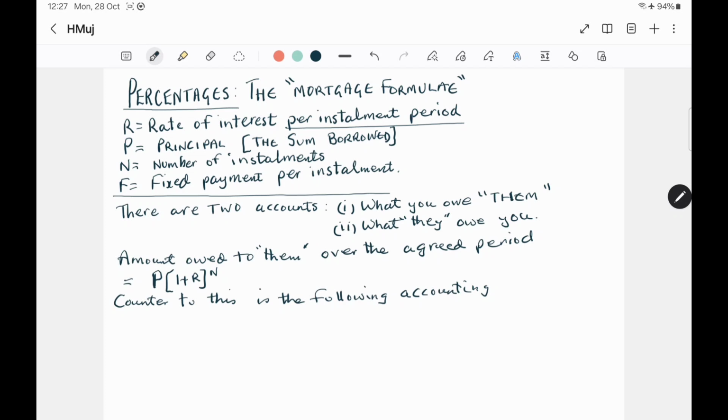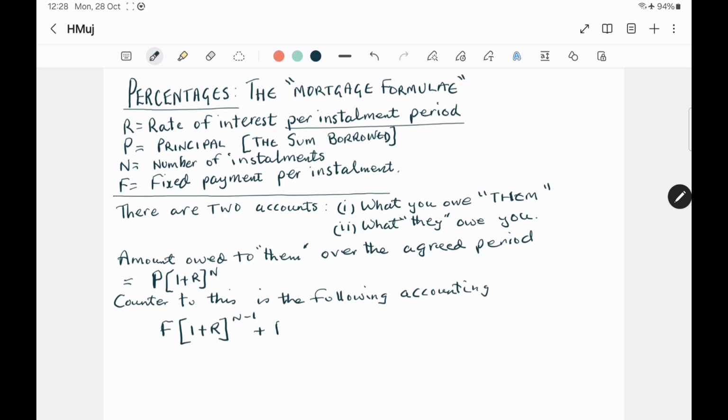Counter to this is the following accounting. Now, at the end of the first period, you pay them F. And that goes to the end of the entire period of another N-1 installments, or periods, and that will be F into (1 plus R) to the N minus 1.